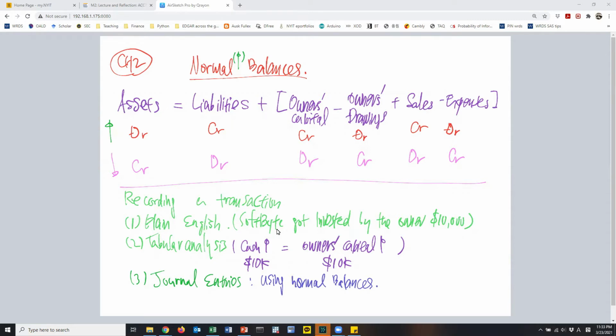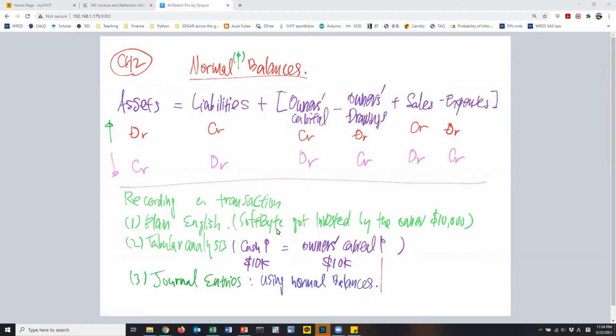But using tabular analysis, we have written that cash on the left side increases by 10K and owner's capital increases by 10K. In journal entries, we use normal balances. As an example, let's have a look at it.